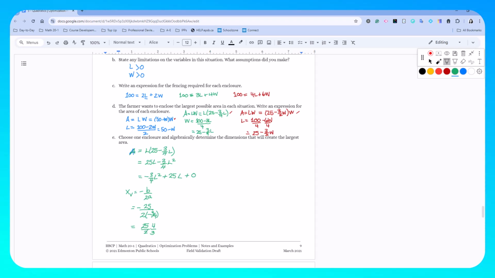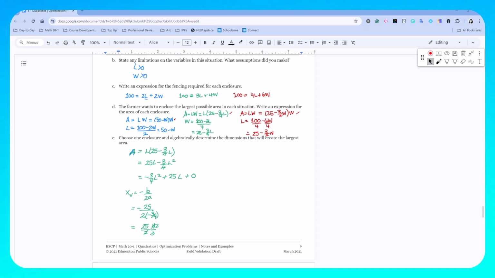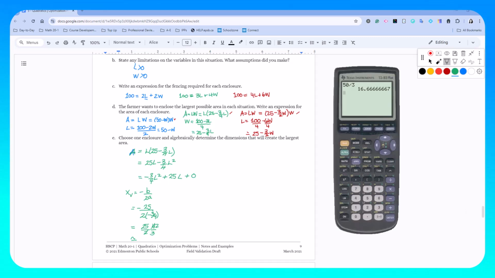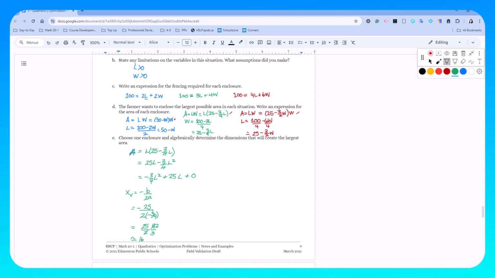This cancels, and that becomes 2, so I have 50 divided by 3. What does that give us? And that is approximately, let me get the calculator out, 16.66 repeating.